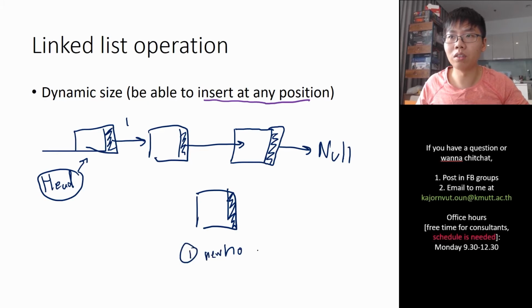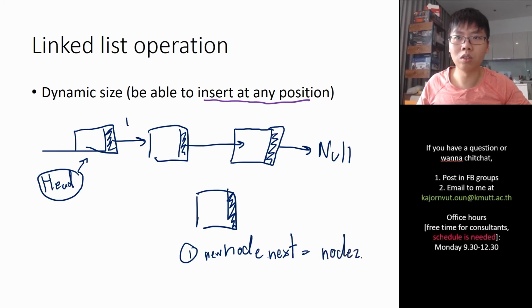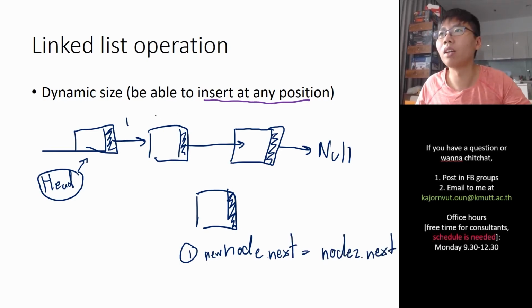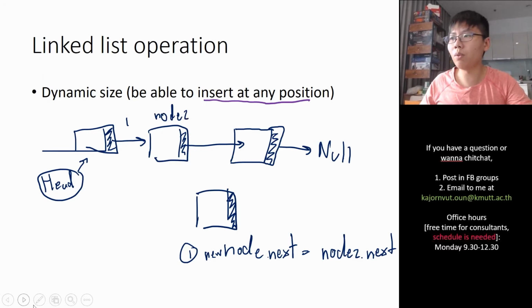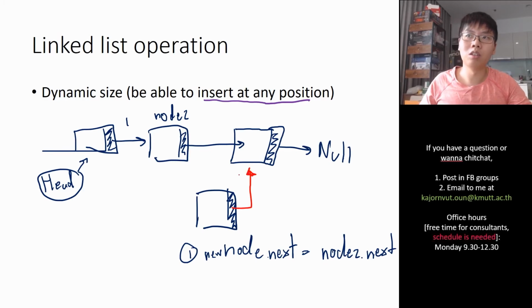That's why the proper way is to assign new node dot next equal to node 2 dot next first. Okay, this one is node 2. If you do it that way, you still have two pointers pointing at the end of the chain, right?